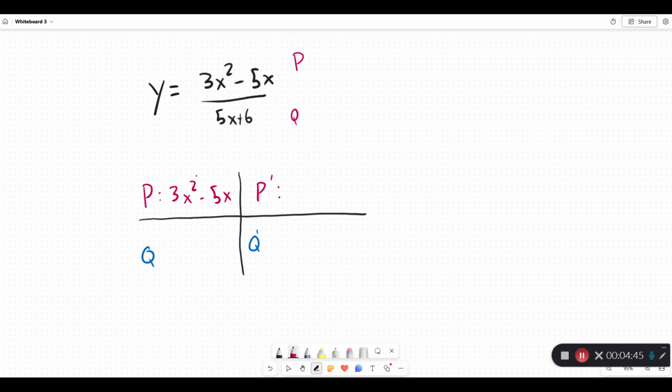That makes p prime, again, power rule. I'll bring down the 2, 6x. Bring down the 1, minus 5 times x to the 0. But x to the 0 is 1. There's p and p prime. To find q prime, q is 5x plus 6, and once again, bring down the 1. We get 5x to the 0. There's also an x to the 0 here. We bring that down.